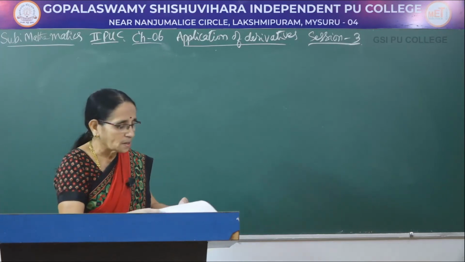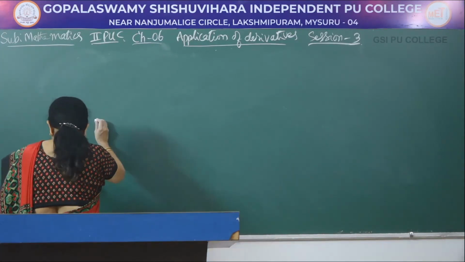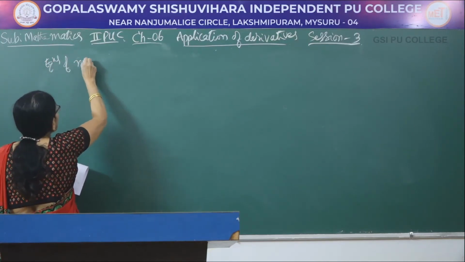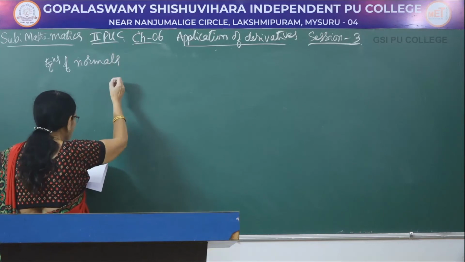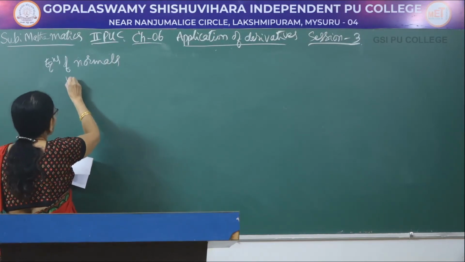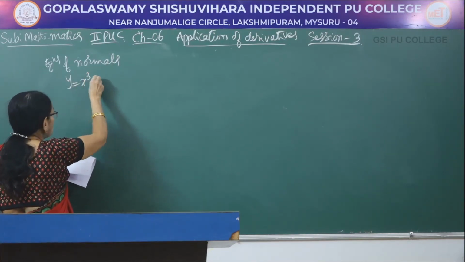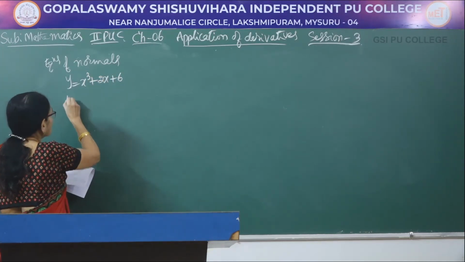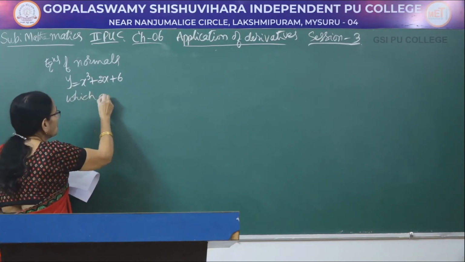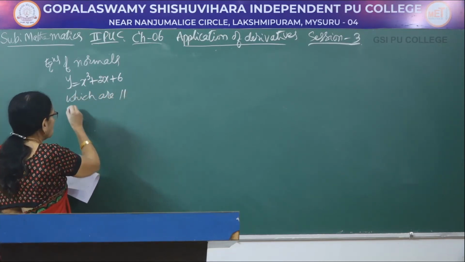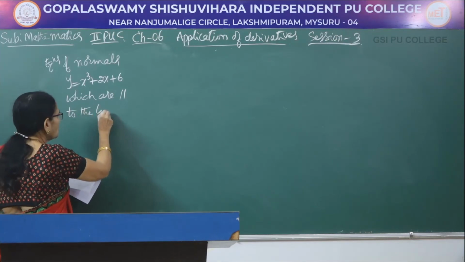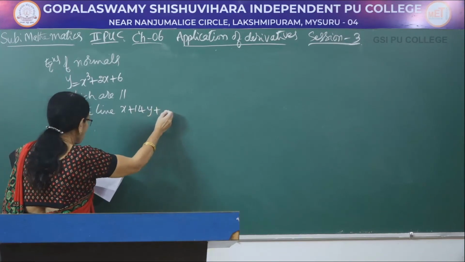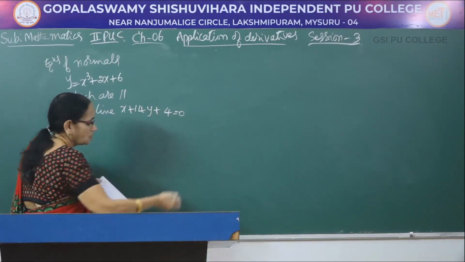So the problem is like this: find the equations of the normals to the curve y is equal to x cube plus 2x plus 6 which are parallel to the line x plus 14y plus 4 equal to 0.